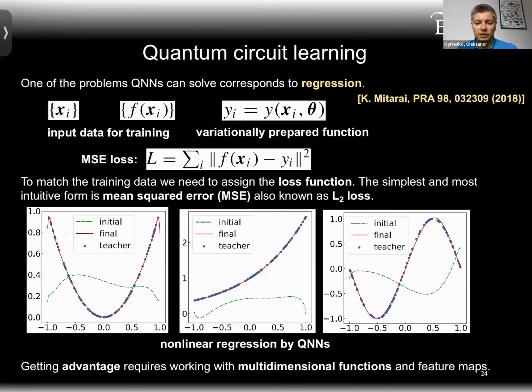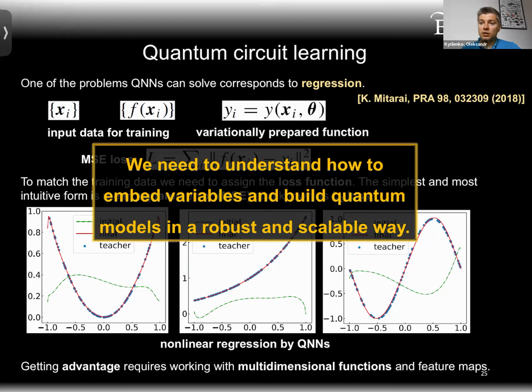And that's what they get. They actually managed to do nonlinear regressions with QNNs on different functions, and they also saw it generalizing quite well. So you start with some initial curve, and then you supply, in this case I believe 50 points, and then you get your function learned.